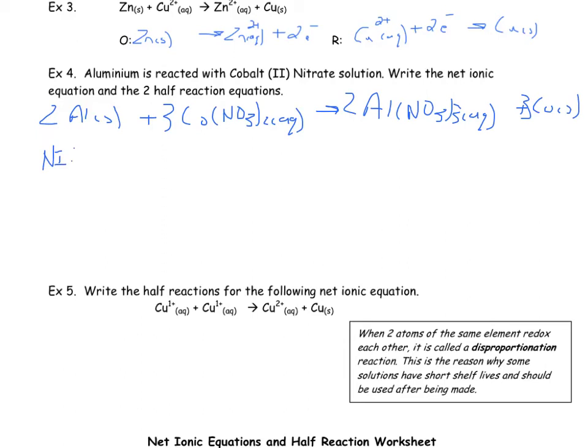Because my cobalt-2 nitrate and my aluminum nitrate are both aqueous, it means that I will break them apart and identify the spectator. The spectator will be 6 NO3 1 minuses.